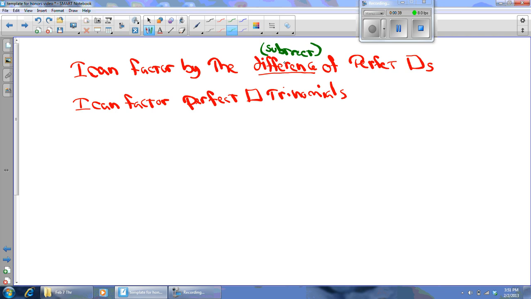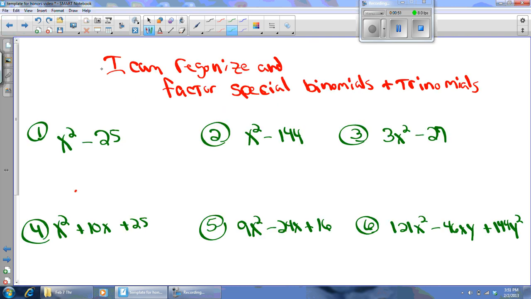All right, and then the other one is I can factor perfect square trinomials. I'm going to explain what those are. Obviously, they're trinomials that have perfect squares in them, but we are going to see what happens. First, we're going to look at problems 1 through 3 here, and 1 through 3 fit the pattern called difference of perfect squares. Well, first of all, it's difference, right?